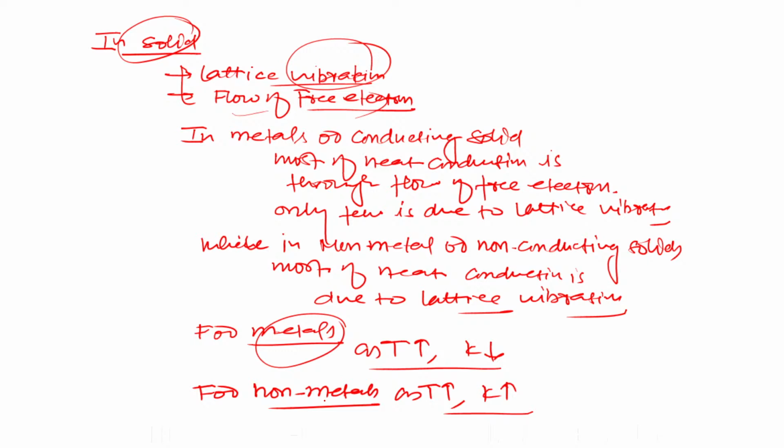If I compare the thermal conductivity of solid, liquid and gas of the same substance, for example ice, liquid water and vapor, these three phases, the thermal conductivity of ice is more than that of liquid water, and that is more than that of vapor. Clear? That should always be remembered. The thermal conductivity in the solid is much more than that of liquid, which is much more than that of gases.